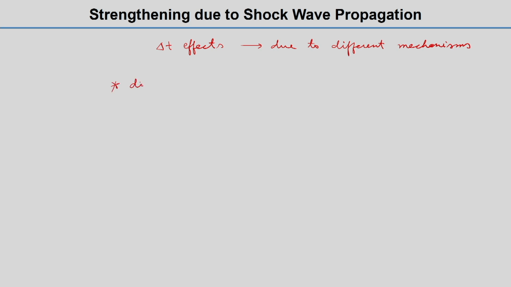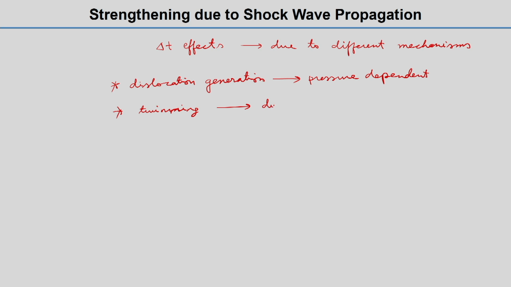We should understand that there are many mechanisms related to this strengthening behavior, and dislocation generation out of these is pressure dependent. Another deformation mechanism, twinning, is also, as we know, a plastic deformation mechanism. This twinning depends on the duration, that is, delta t.